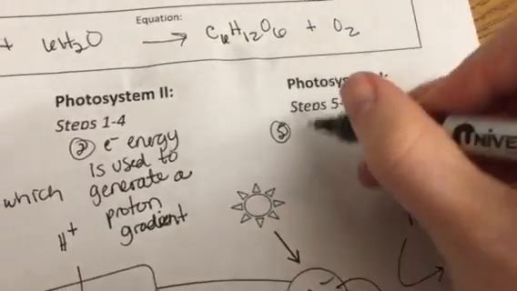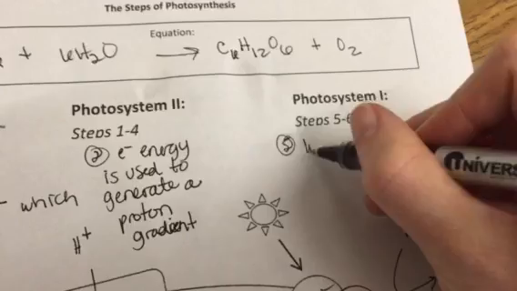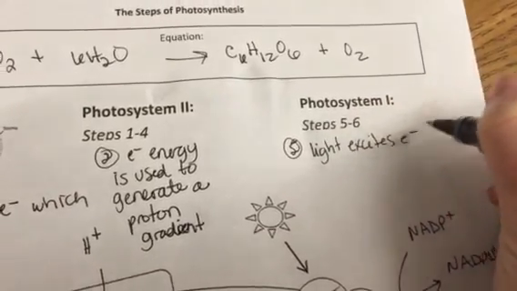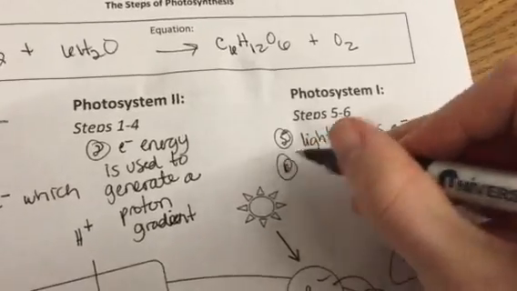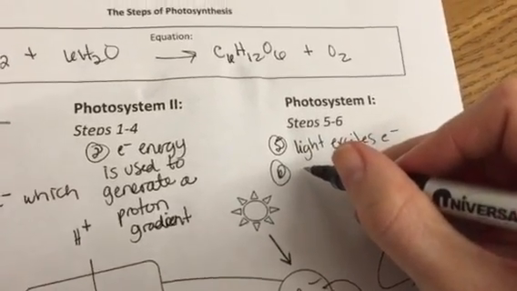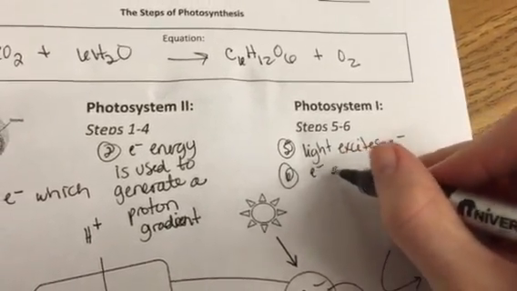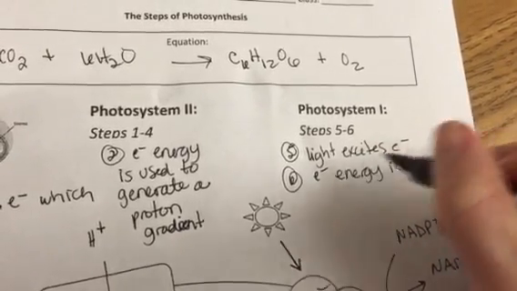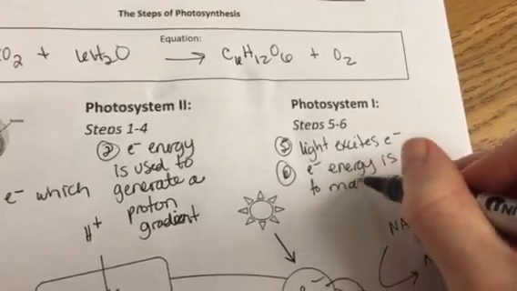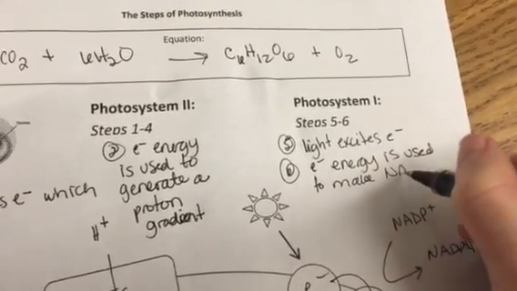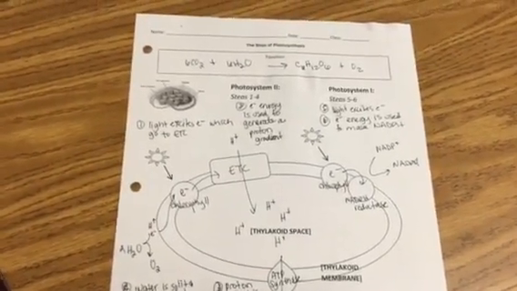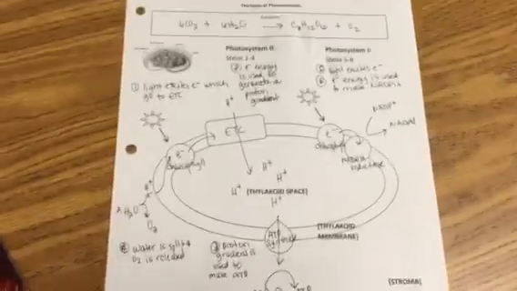Step 5, light excites electrons and electron energy is used to make NADPH. And that is it for Photosystems 2 and 1, which are the light-dependent reactions of photosynthesis.